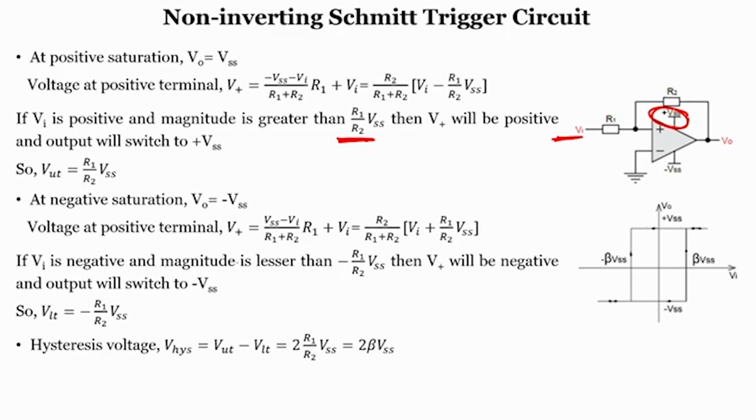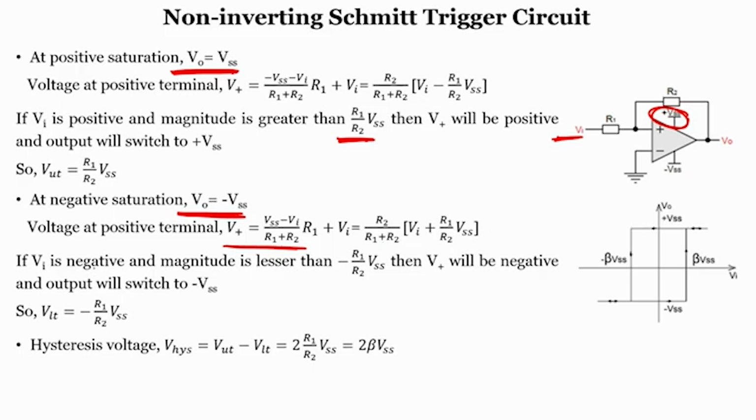This is at positive saturation. At negative saturation, V_O equals minus VSS. In this case, voltage at positive terminal V plus equals ((VSS minus V_I) / (R1 plus R2)) into R1 plus V_I. If I solve this, I have R2 / (R1 + R2) into (V_I plus R1/R2 into VSS).